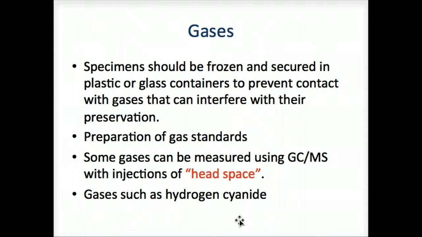Preparation of gas standards requires that pure gas be added to blood until saturation. The test blood results are compared to saturation concentrations in the literature. Such determinations are approximate because gas solubilities in blood are temperature and pressure dependent. Some gases can be measured using GC mass spec with injections of headspace.